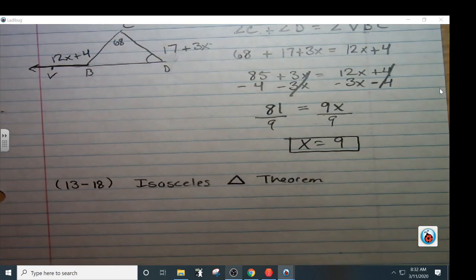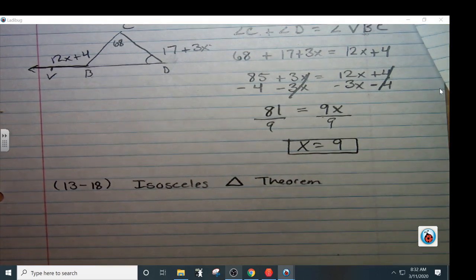One thing about these, you're given very limited information. If you don't know your theorem, if you don't know the isosceles triangle theorem, it's going to be hard to solve these because it's going to be like you don't have enough information to solve. Okay? Now, first of all, let's talk about what an isosceles triangle is.